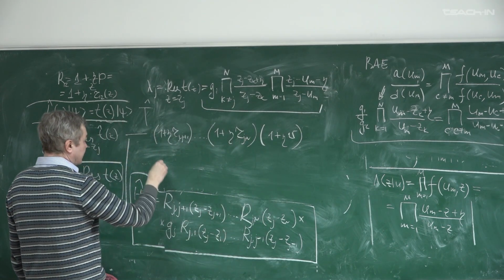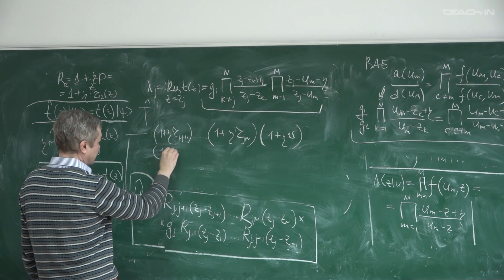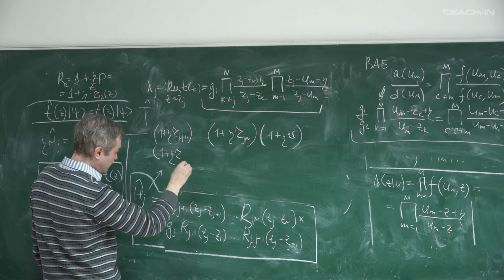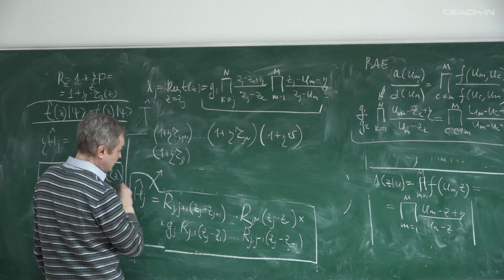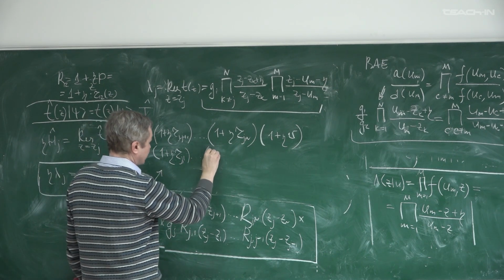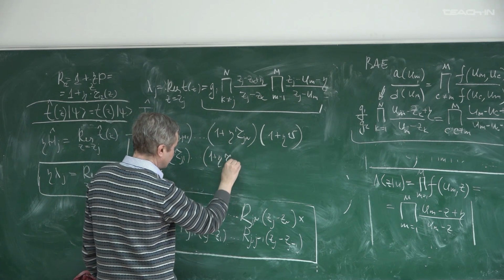And now the last line, it also just contains the product of r g1 and so on up to 1 plus eta r j minus 1.